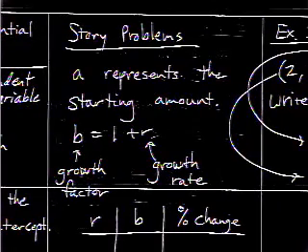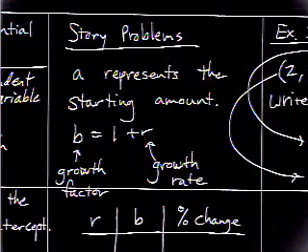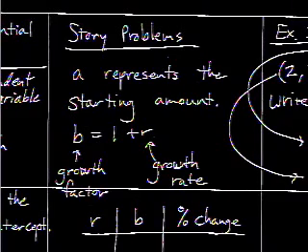Now, we are going to get into story problems, another favorite part of your life. In this case, A represents the starting amount. For instance, we might have the starting population of a country, or the population starting in a particular year, or the amount of money that we start with in a bank account, or the amount that a bacteria population starts out being.